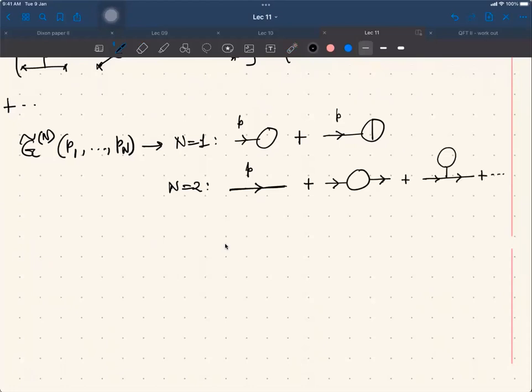And so on. For n equal to 3, we have exactly the same situation, P1, P2, P3.